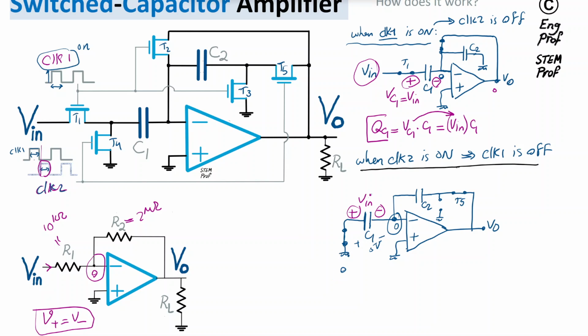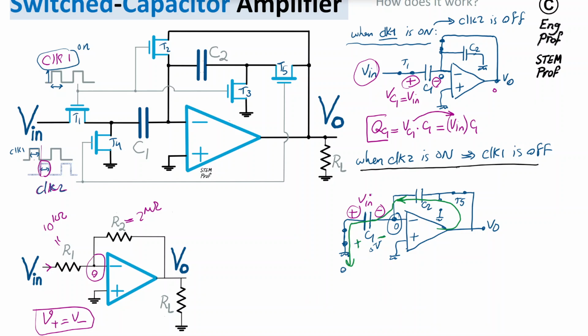So what it means is we should have this charge completely removed from C1. How is it happening? Well, the output of the op-amp provides a current that goes like this. It cannot go any other place except through C1 and then to ground.